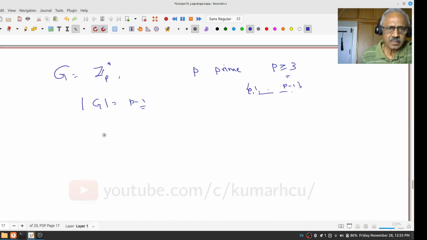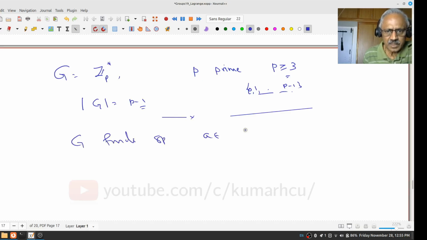Before going on, suppose G is a finite group and A is an element of G. Then the order of A is a divisor of the number of elements in G, which is n.